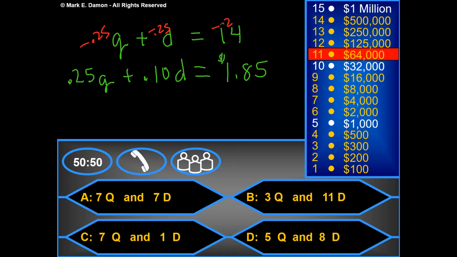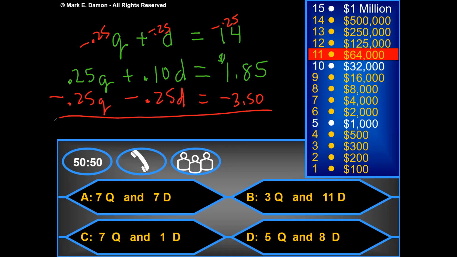When I do that and I rename it, that allows me to get the elimination of something strategic. So I'm going to get negative 0.25 quarters minus 0.25 dimes equals 14 times 0.25, negative 3.50. There's my system, there's my elimination.